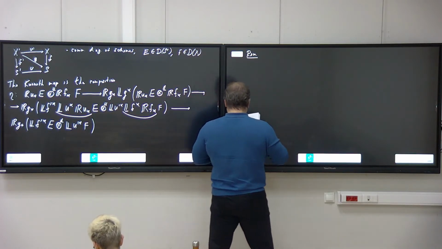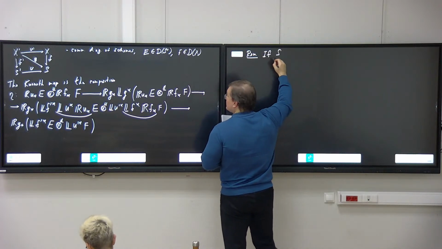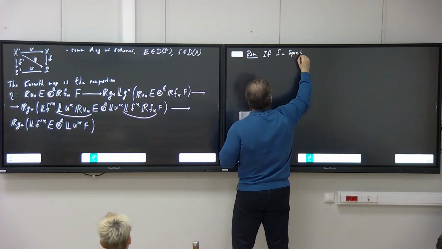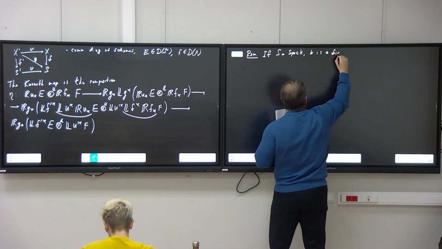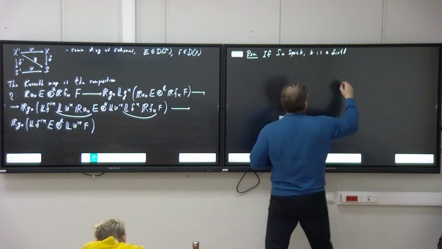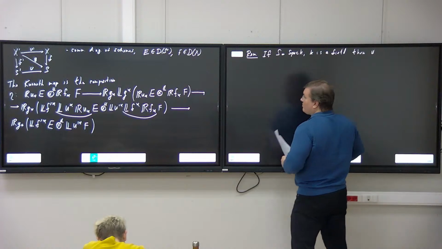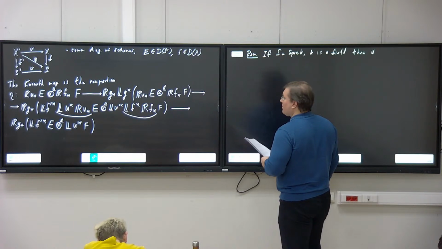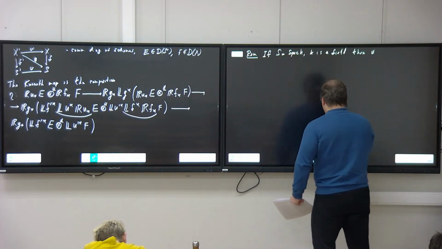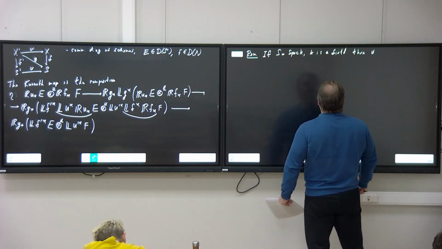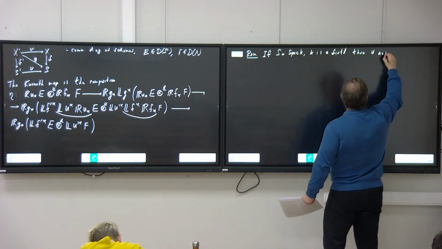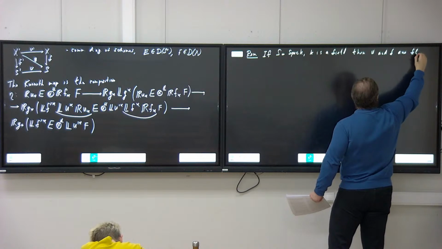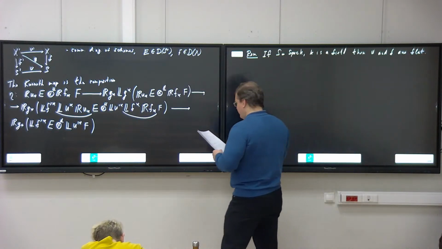So remark, if you take S to be just the spec of the field, then all maps, so U and F, are flat. Let's see, is this enough for what I want to say?